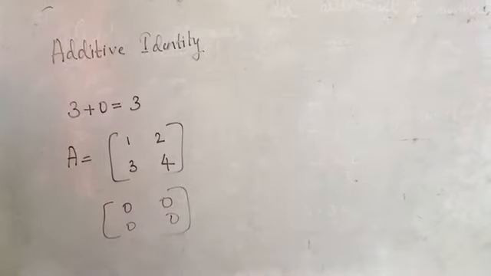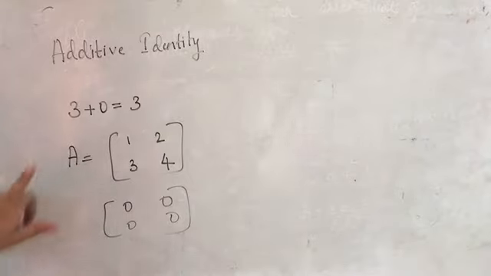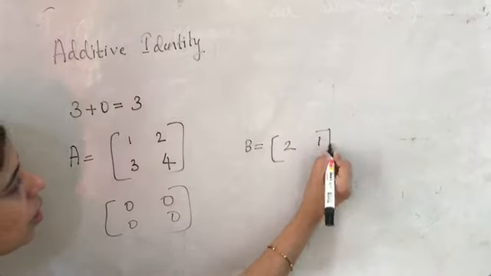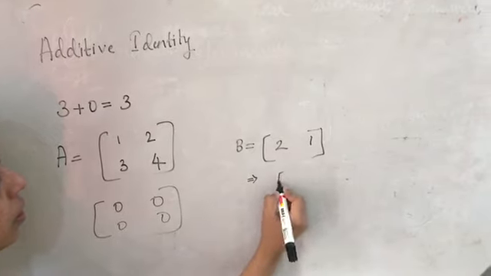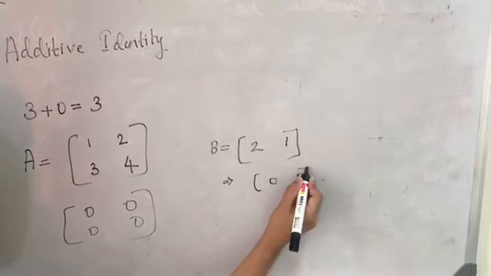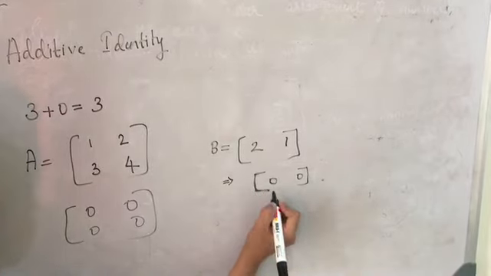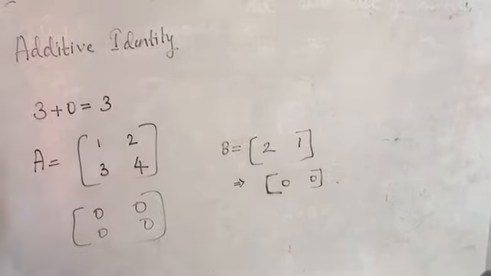That is, the additive identity of a given matrix will be the 0 matrix with the same order. So if B is a matrix 2, 1, then the additive identity of that will be 0, 0. So the additive identity of a given matrix will be a 0 matrix with the same order as the given matrix.